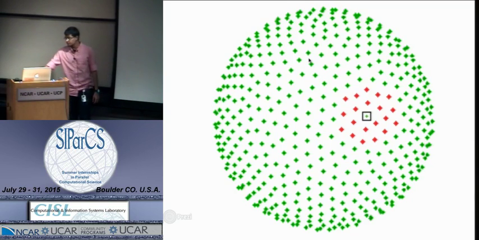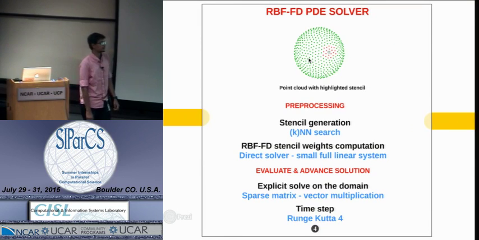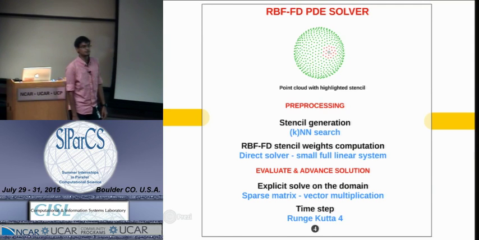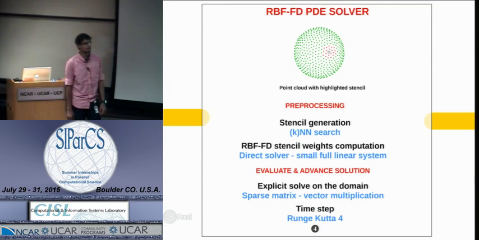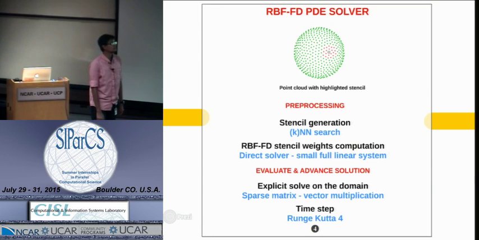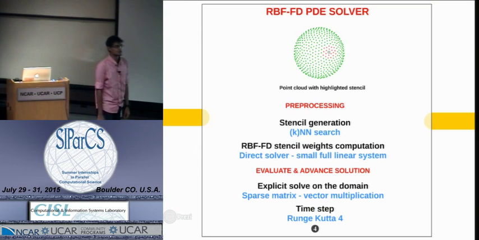The RBFFD solver has two main stages, pre-processing and then evaluating the solution. In the pre-processing stage, once we have the surface represented by a set of points, we generate these stencils using a k-nearest neighbor search algorithm, and then we compute the RBFFD stencil weights in these stencils by using a direct solver on a small full linear system.